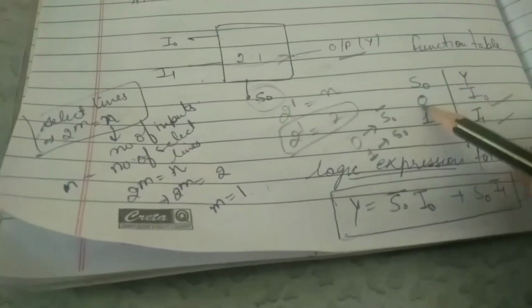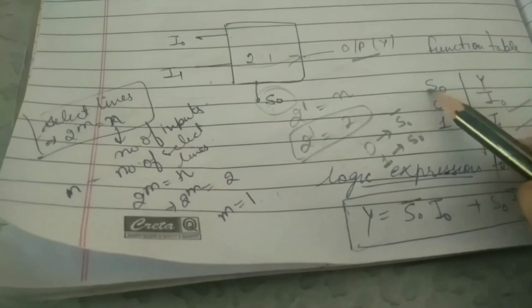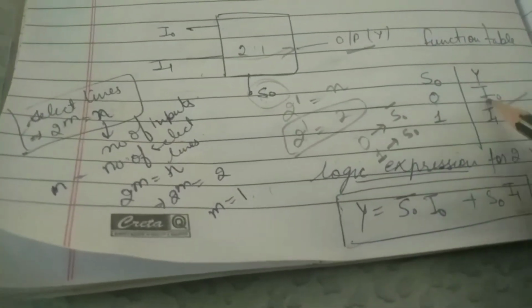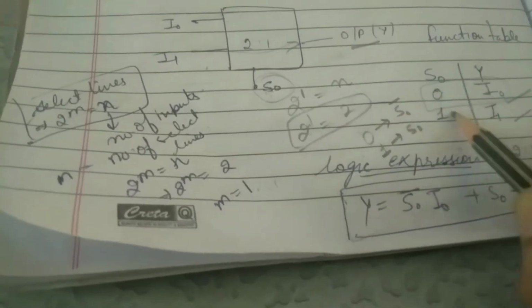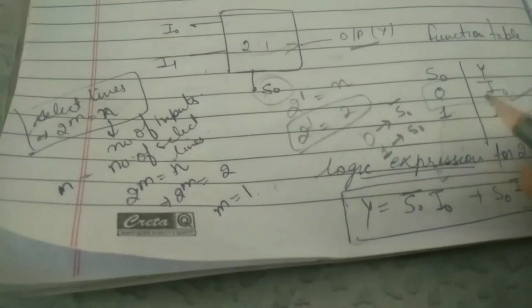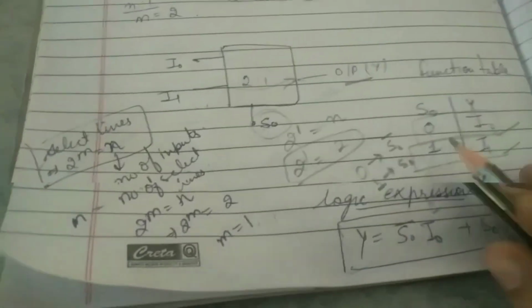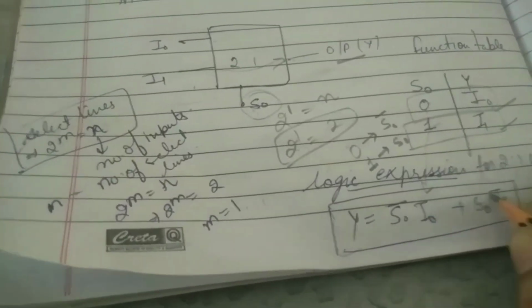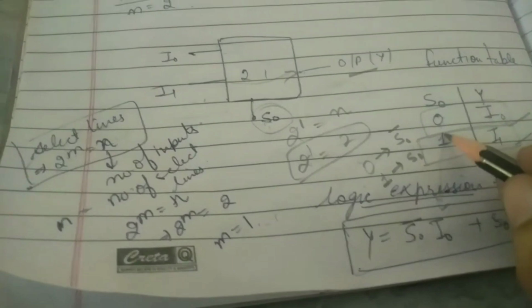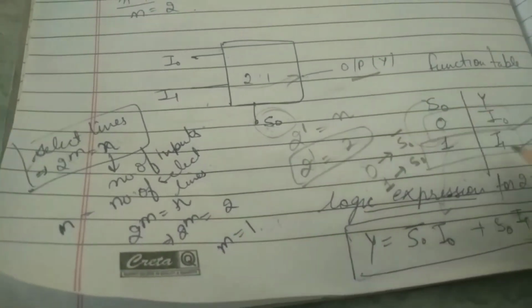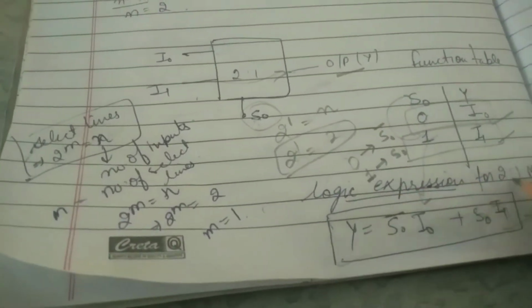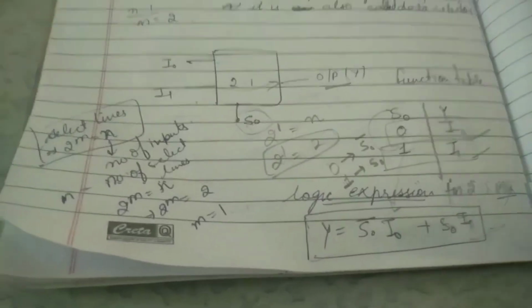If there is 0, then we write S0 complement into I0. And in the second term we don't have 0, so we write just S0 into I1. So this is the logic expression for the 2:1 multiplexer.